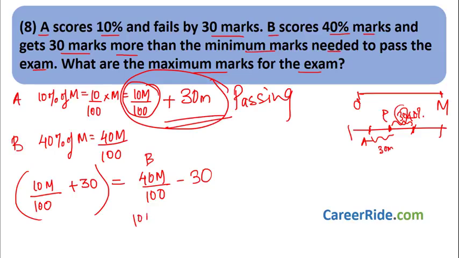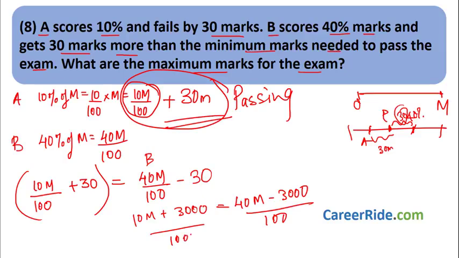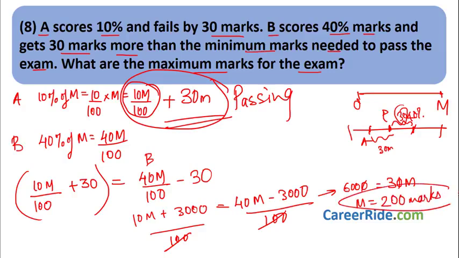We have (10M plus 3000) upon 100 equal to (40M minus 3000) upon 100, the 100 gets cancelled. So what do we get? Here we get 6000 equal to 30M, this 0 gets cancelled, M equal to 200 marks. So maximum marks of the exam was 200.